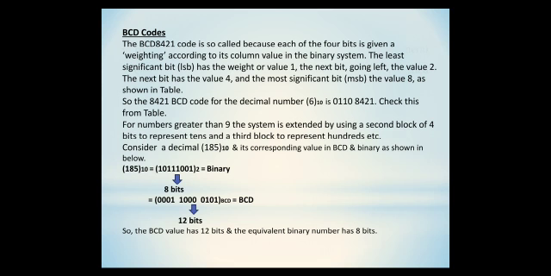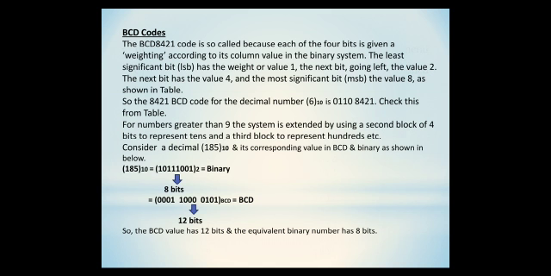Next, BCD code is also known as 8421 code, because each of the 4 bits is given a weighting according to its column value in the binary system. The least significant bit, that is LSB, has the weight or value of 1. The next bit going to the left has the value 2, the next bit has the value 4, and the most significant bit, that is MSB, has the value 8, as shown in the table.